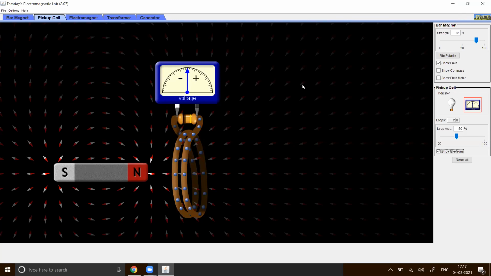And what is the other concept that you have in your syllabus? What else did you learn within electromagnetic induction? First, you would have understood what electromagnetic induction is. Second, what is the type of electromagnetic induction that is there? Now I have a question. If I replace this permanent magnet with an electromagnet, and I'm able to see the induction taking place, then what is the name of that induction?